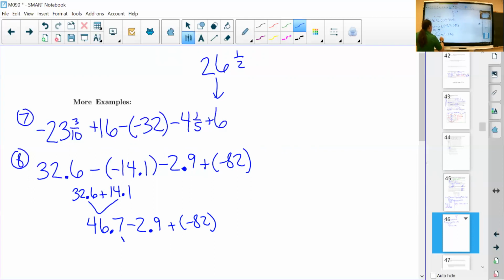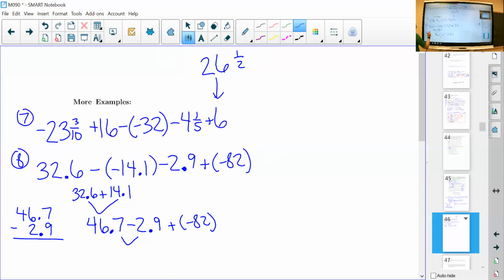Now we'll combine these. 46.7 minus 2.9. I can just do 467 minus 29, scoot the decimal point over, and then throw the decimal point back in. Or I can just line them up. 46.7 minus 2.9.